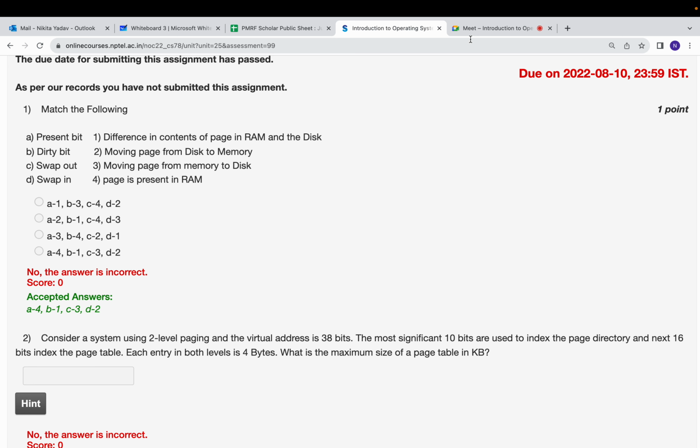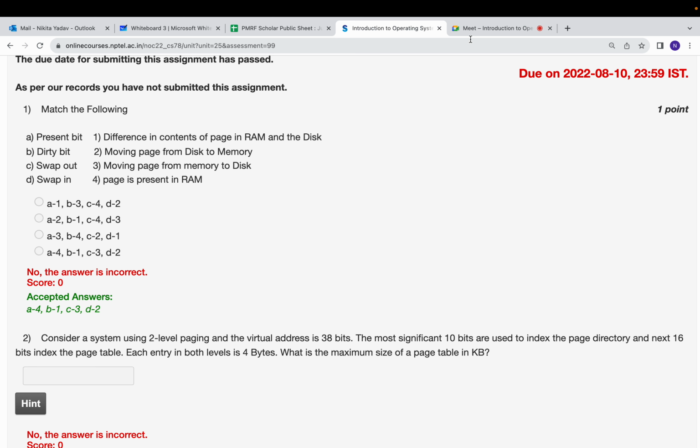No, but the page table doesn't have pages. RAM is divided into pages or page frames. Your process address space is divided into page frames or blocks, and your page table contains page table entries. 10 bits are used to index the page directory, and 16 bits to index the page table.